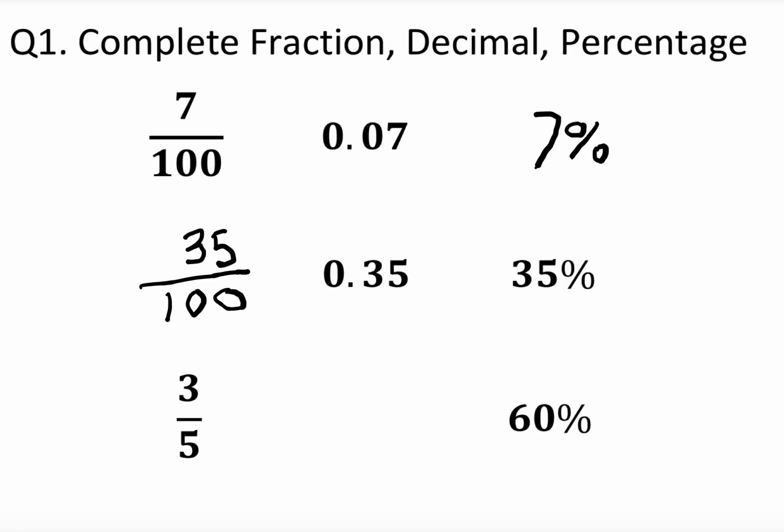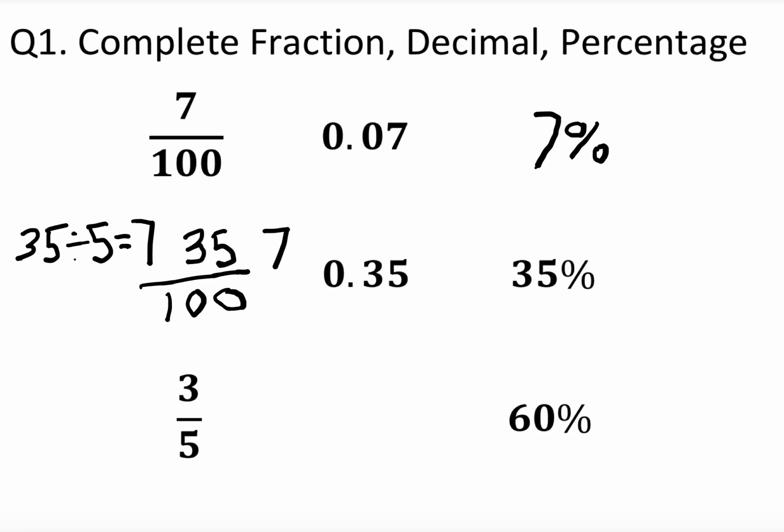how many fives in 35? So I'll do it at the side here, you've got 35 divided by 5 equals 7.